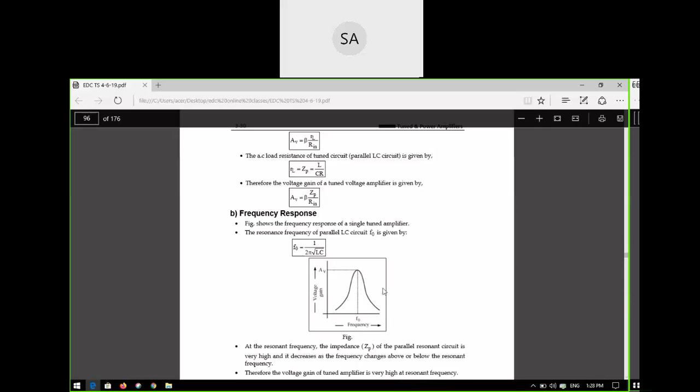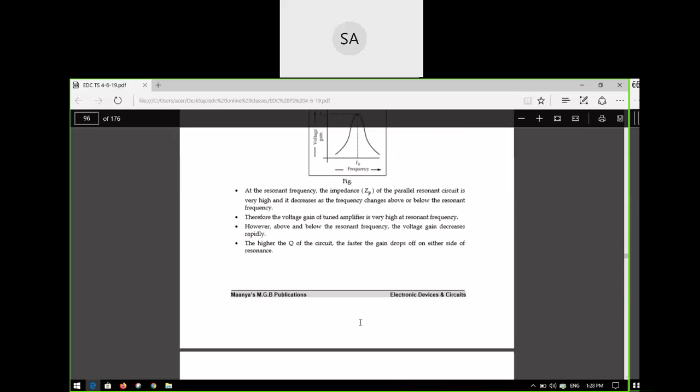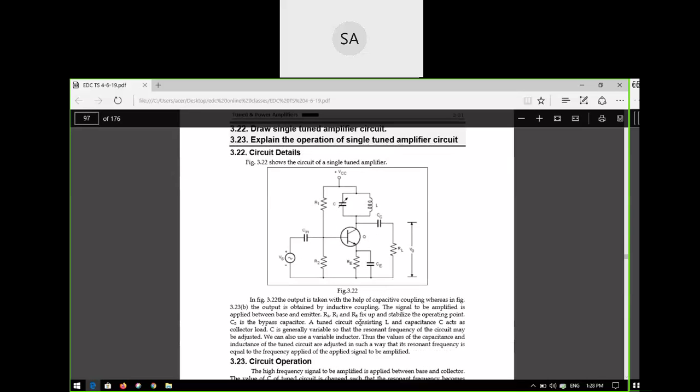The more the bandwidth is reduced, the more compact the bell shape becomes. That means only F naught will be raised, only F naught is amplified. That means you are generating a narrow band amplifier. Generally all tuned amplifiers are narrow band amplifiers.